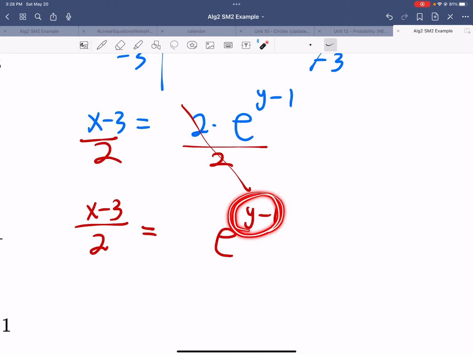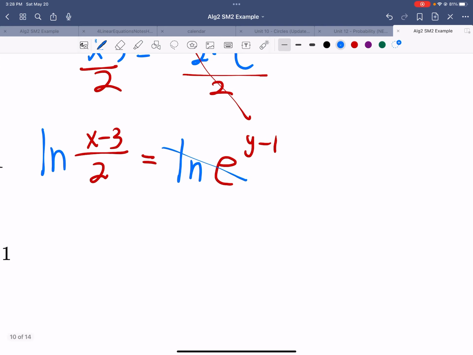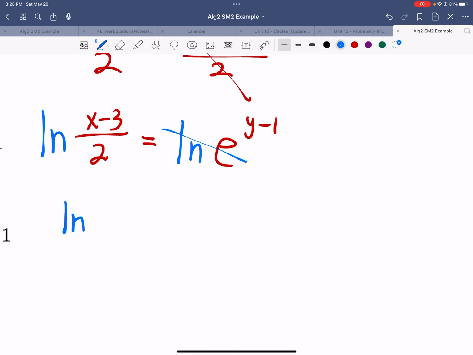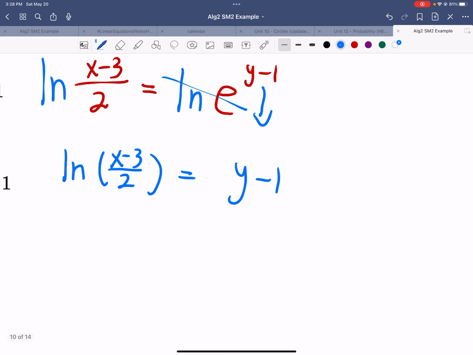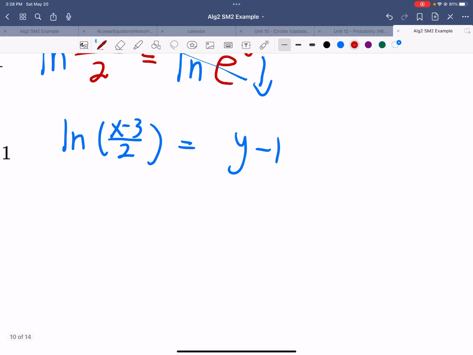Now you want to solve for y again. I keep saying it. Now you want to get rid of e. But what's the opposite of e? Natural log, both sides. That disappears. So you get natural log of x minus 3 over 2 is equal to, now you bring it down, y minus 1. What's the last step you have to do? Plus 1 on both sides.